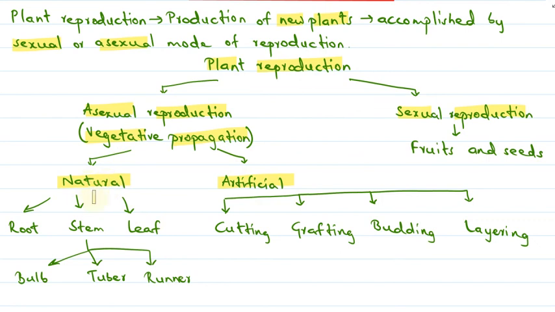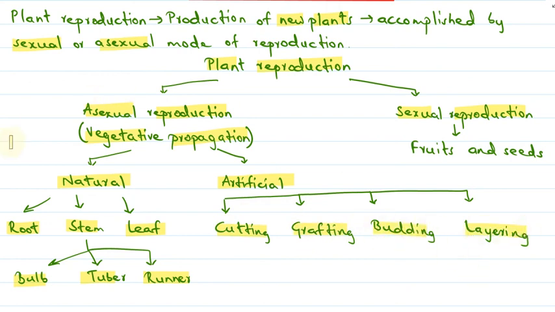So if it's occurring by natural means, it can occur by the help of root, stem and leaves. Now if the natural process of vegetative propagation in plants is occurring from stem, it can occur by these three means, that is by the means of bulb, tuber or runner. Now if we talk about the artificial means of vegetative propagation or asexual reproduction in plants, it can occur by four means, that is by cutting, by grafting, by budding and by layering.